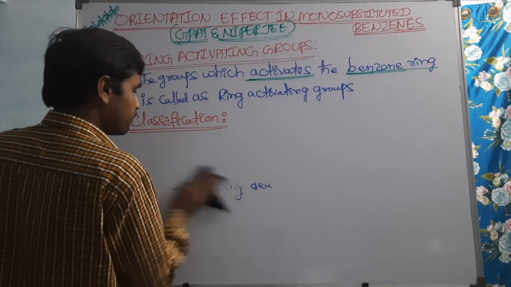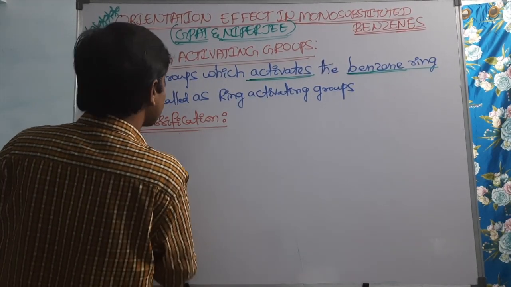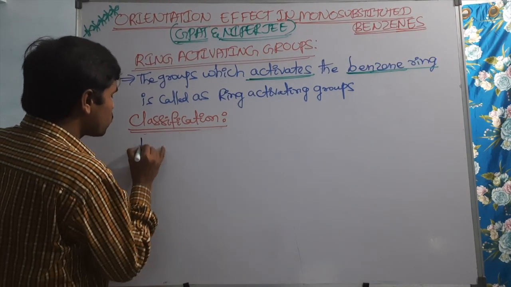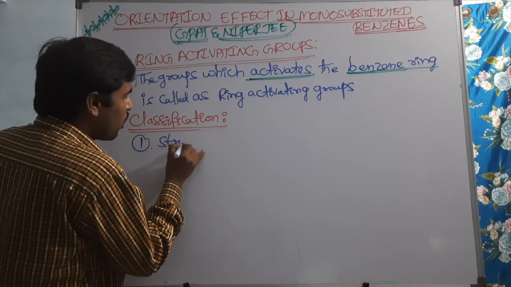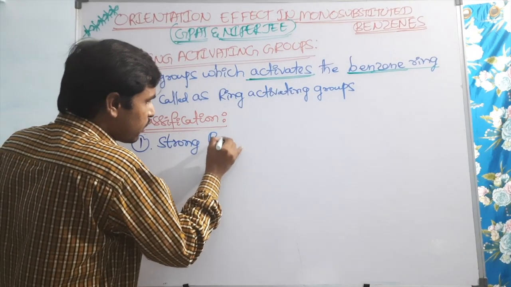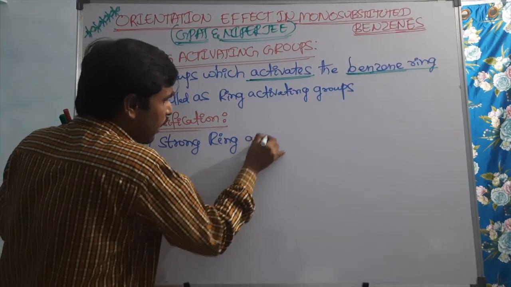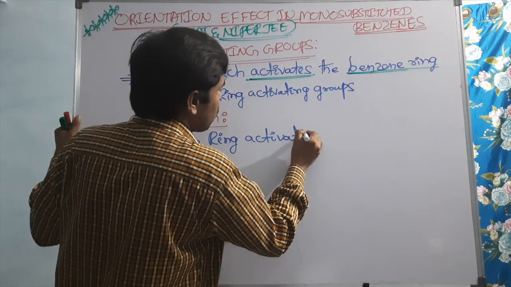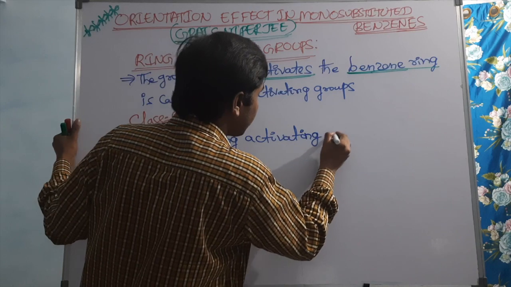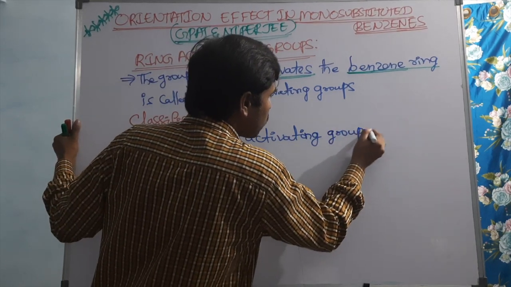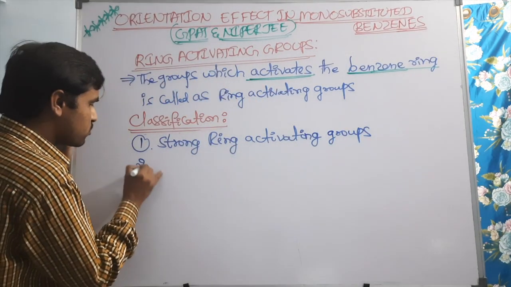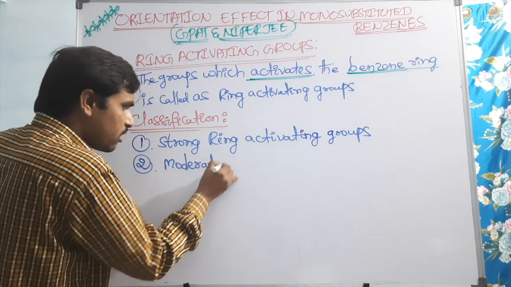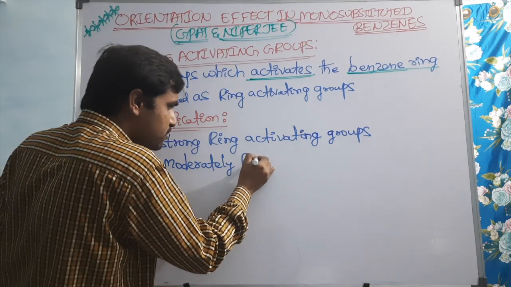So coming to the classification of ring activating groups, the first class is strong ring activating groups. The second one is moderately ring activating groups.